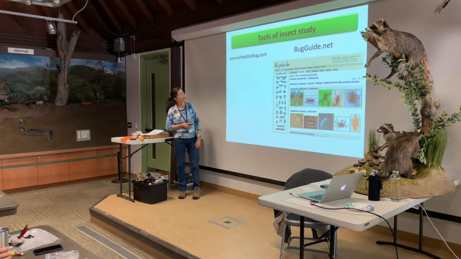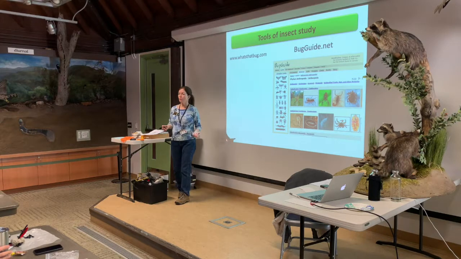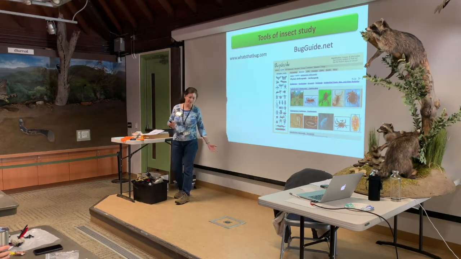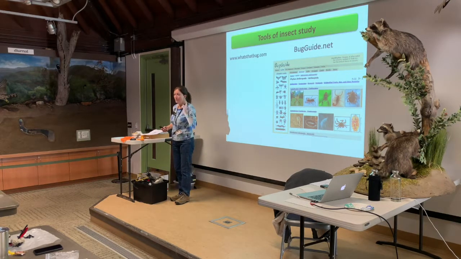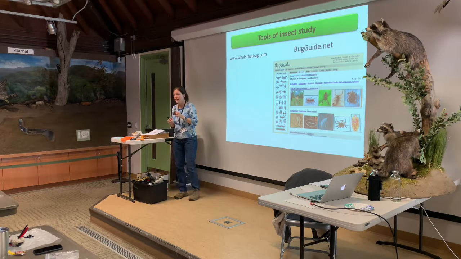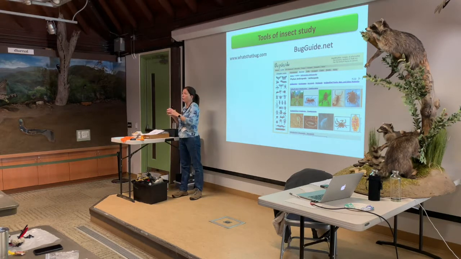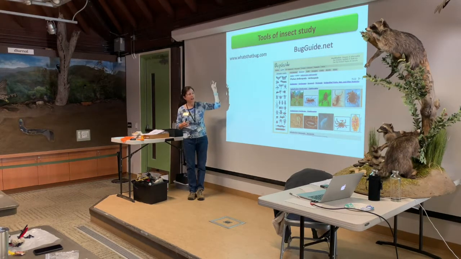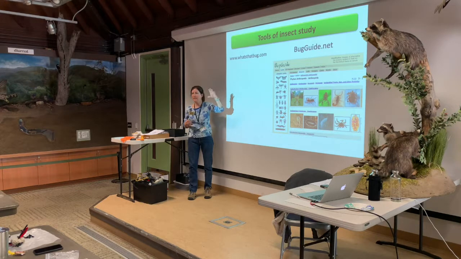All right. Once you've gone through this class and you have your handouts and you run across one of these insects, you're going to be like, I don't know. But hopefully after today, you'll at least be able to figure out what order they're in. And then you can go to What's That Bug or bugguide.net and click down a little bit further to investigate.